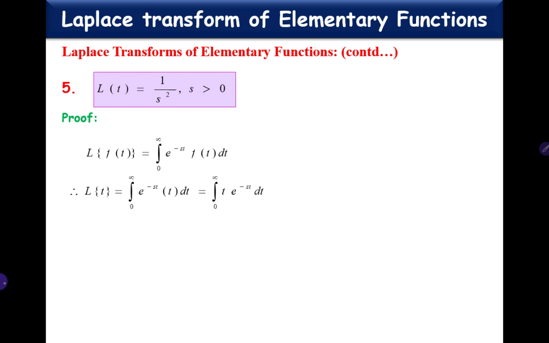Now to evaluate this integral, let us apply integration by parts here. You know that integration by parts is given by integral of uv is equal to u into integral of v minus integral of u dash into integral of v.